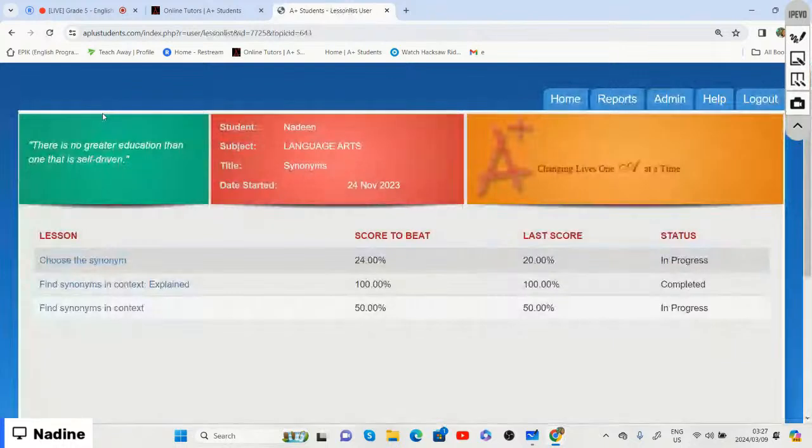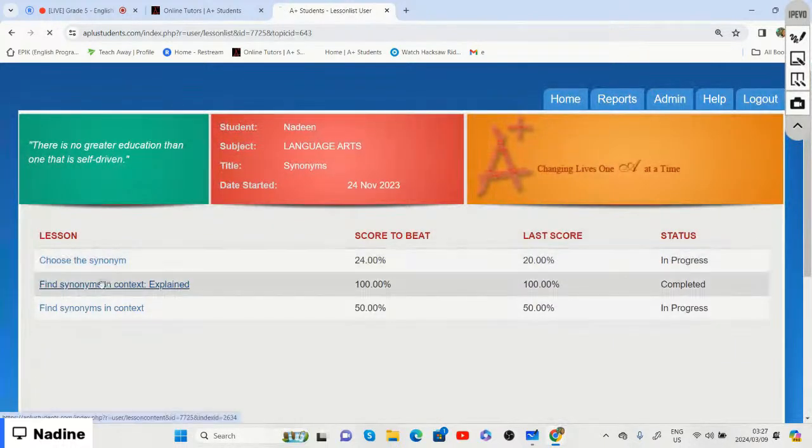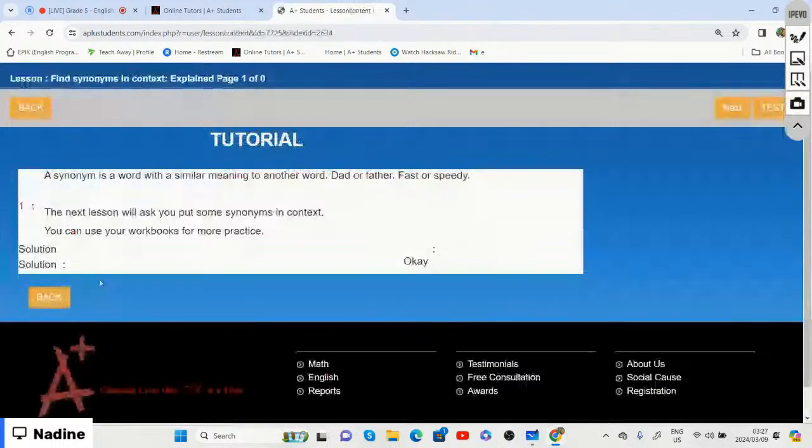Now we're going to find synonyms in context. So a synonym is a word with a similar meaning to another word. And we made an example of dad and father, mom and mother.